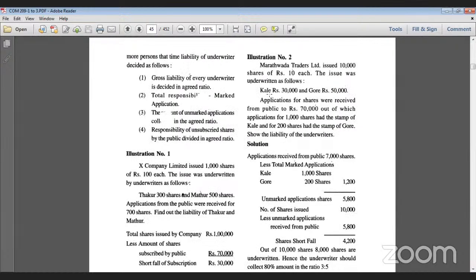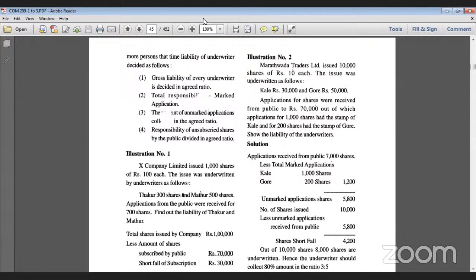The next problem: Marathwada Traders Limited issued 10,000 shares of rupees 10 each. The issue was underwritten as follows: Kale rupees 30,000, Gore rupees 50,000.